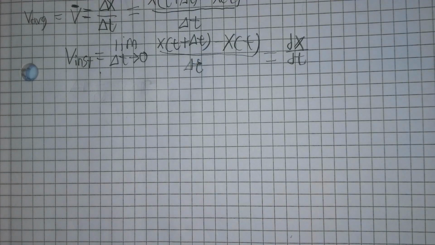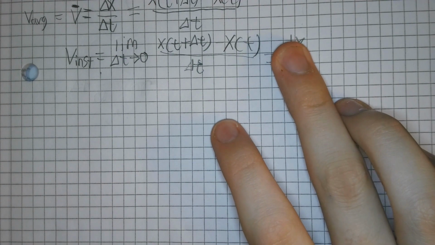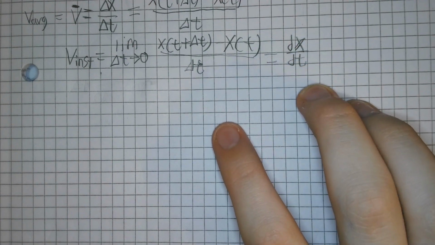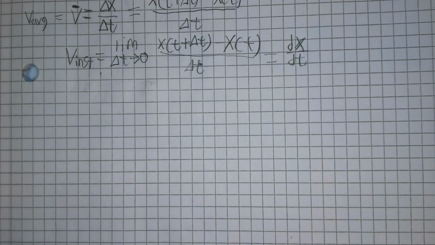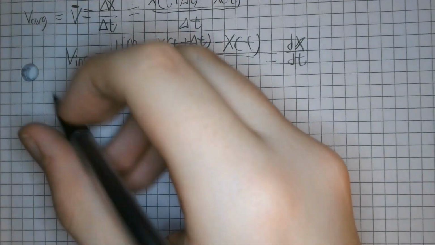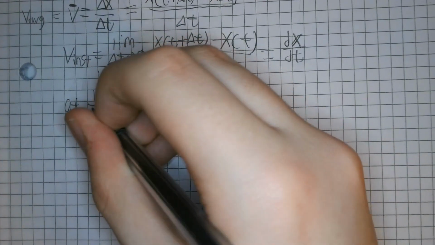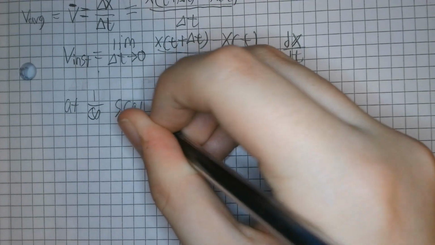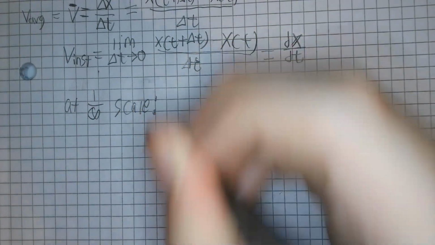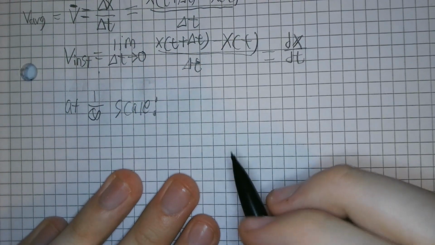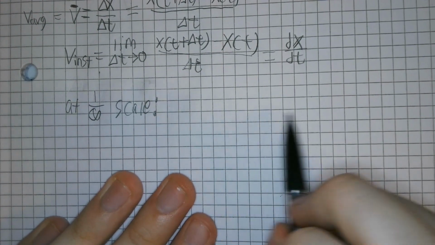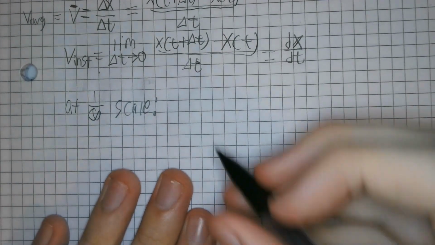So derivatives, which is what this is, the derivative of position with respect to time, are evaluated at a very, very tiny scale, which I will call the 1 over infinity scale. And at this scale, we're going to see something similar to this. So the x-axis will be any horizontal line here.